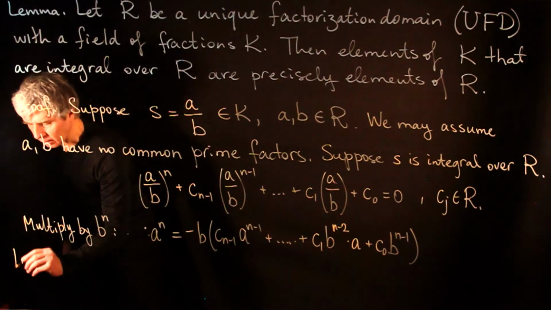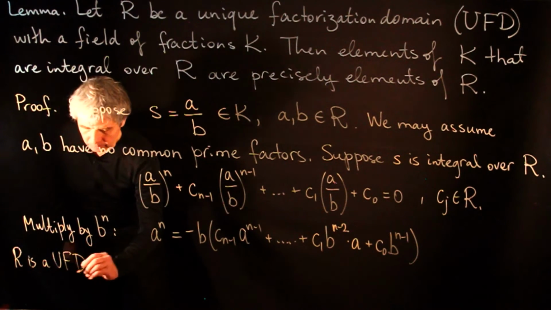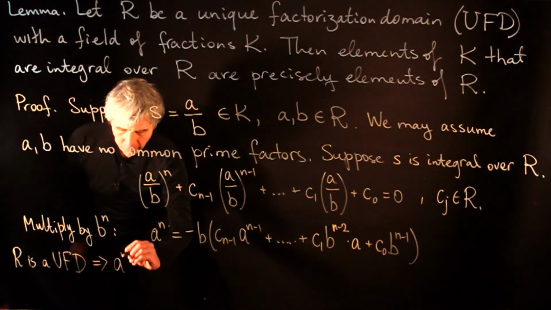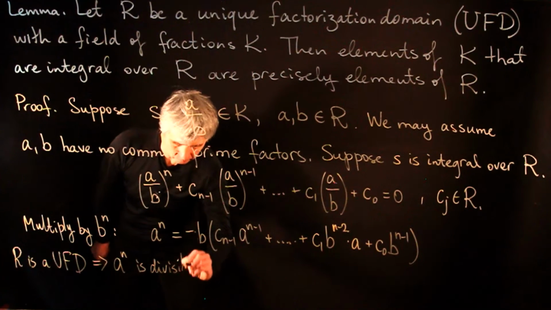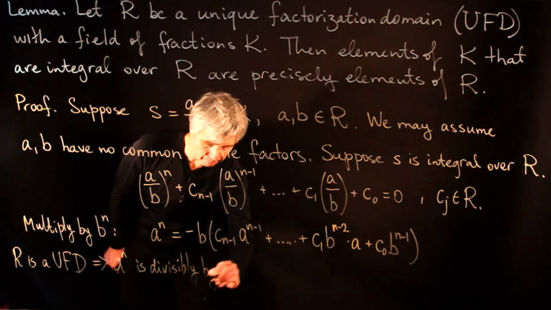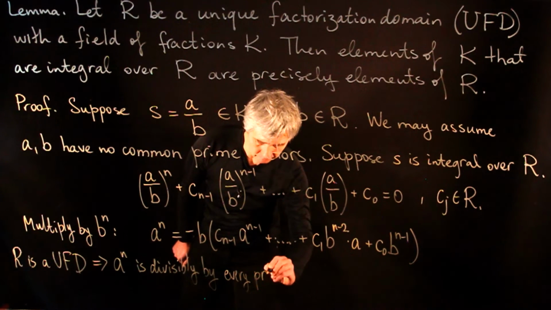And since R is a unique factorization domain, we conclude that a to the power n is divisible by every prime factor of b.